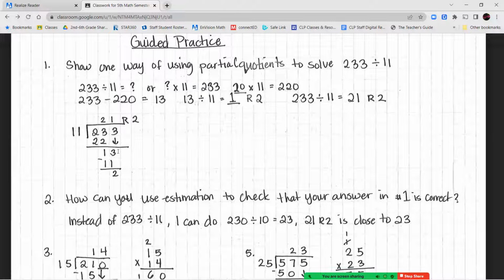Then we drop our next digit, which is the 3, so now we have that 13 that we talked about. 11 goes into 13 one time, so we subtract off the 11, and we're left with a remainder of 2. Now, if you multiply these by each other, if you did 11 times 21, you are going to get 231, plus the 2 that is our remainder will get you back to 233.